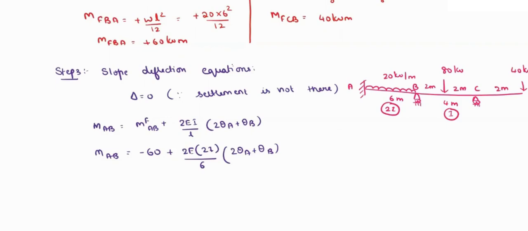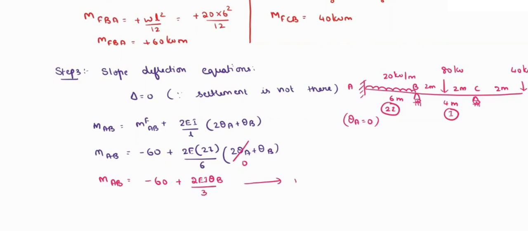So here I can write theta A is equal to 0 from this boundary condition. I am going to substitute theta A equal to 0. Now MAB will be equal to minus 60 plus 2EI into theta B by 3.